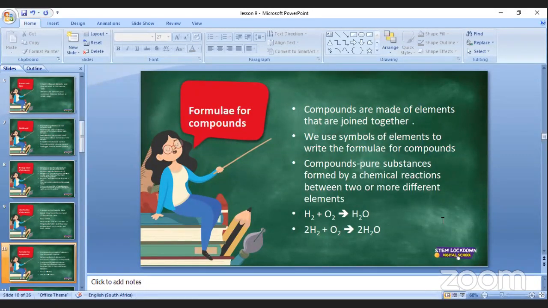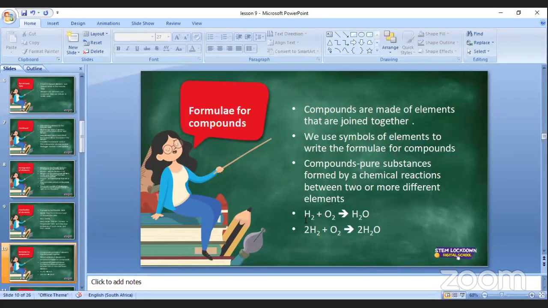Those symbols from the periodic table, when we react them together, we get a compound. For example, here we've got H2 and O2 giving us H2O. Those are elements. The element hydrogen reacted with the element oxygen to give us a water molecule, which is H2O.